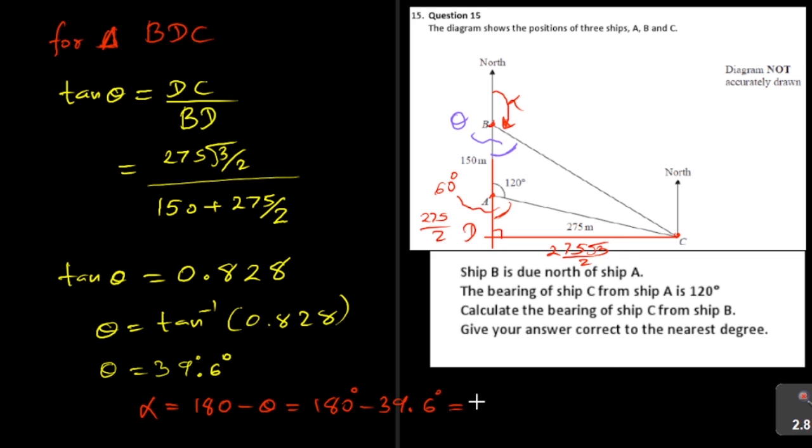They are asking for the nearest degree, so we can simply write it as 140 degrees. Yes, this starts from north, goes clockwise, and has three digits. So the bearing of ship C from B is 140 degrees.